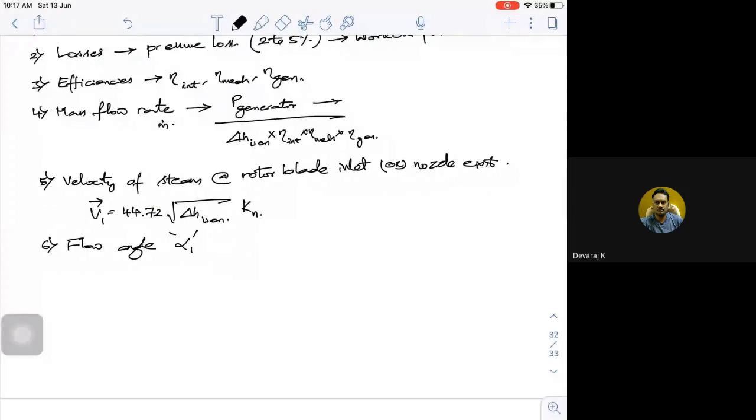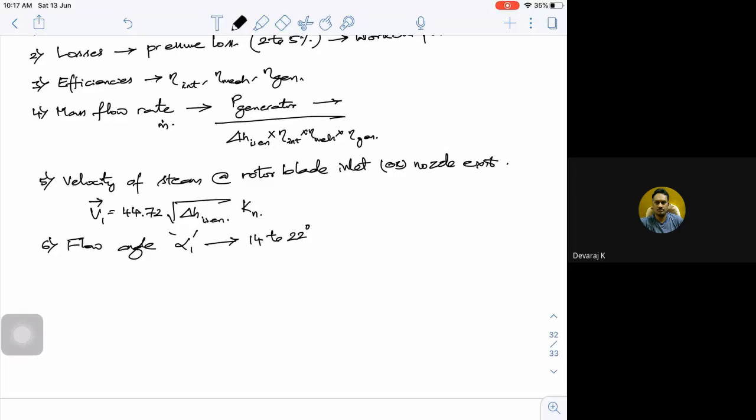Usually this number should not be more than 20 to 22 degrees, roughly between 14 and 22 degrees. It can't be 30 degrees or 40 degrees, because I should be able to cover a shock-free flow entry, so this angle should be less than around 20 to 22. So I will start with 14, 15.